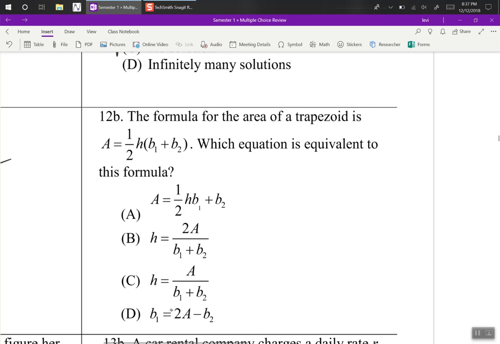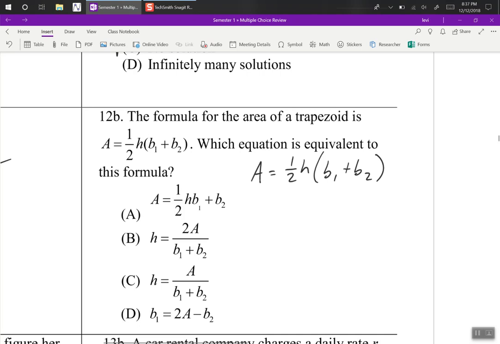So, solve for b1. We have a lot of solving to do. A equals 1/2 h times (b1 plus b2), and let's solve for h first. What's happening here?